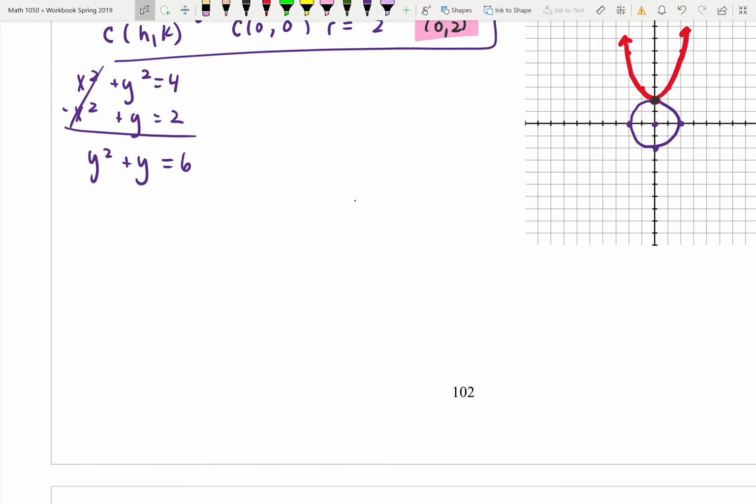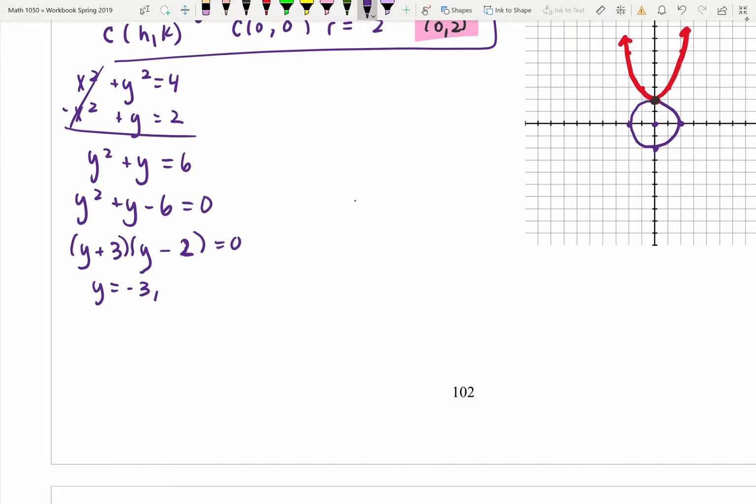Bring your 6 over. So it's y squared plus y minus 6 equals 0. Then the 6 goes to a 2 and a 3. Signs are different. The biggest is the positive, so the 3 is the positive and the 2 is the negative. Set those equal to 0 and you get y equals negative 3 and positive 2.